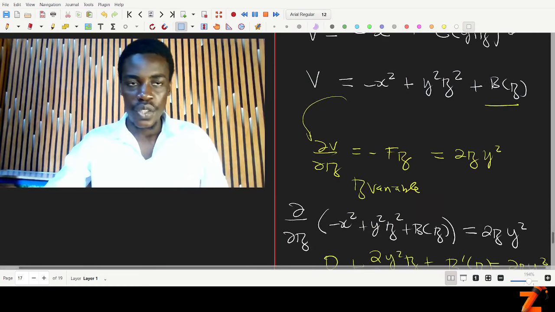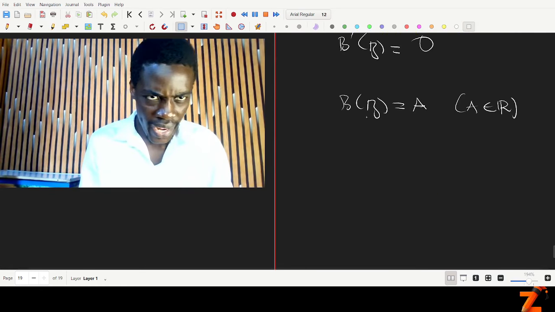So I replace it here, and I finally obtain the expression of v, which is equal to negative x squared plus y squared z squared, if it's okay for you, plus a. A is a real constant, and I have the potential.